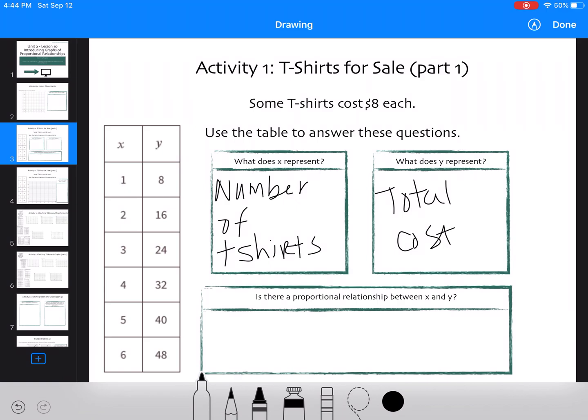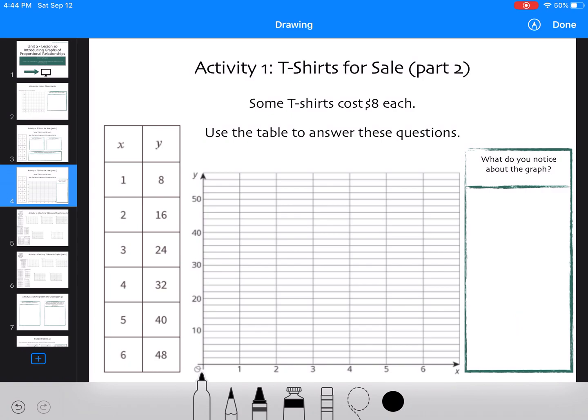Is there a proportional relationship between X and Y? Well, each time it's 8 because 8 divided by 1 is 8. 16 divided by 2 is 8. So yes, it would be Y equals 8X. So 8 times the number of shirts will give me my total cost.